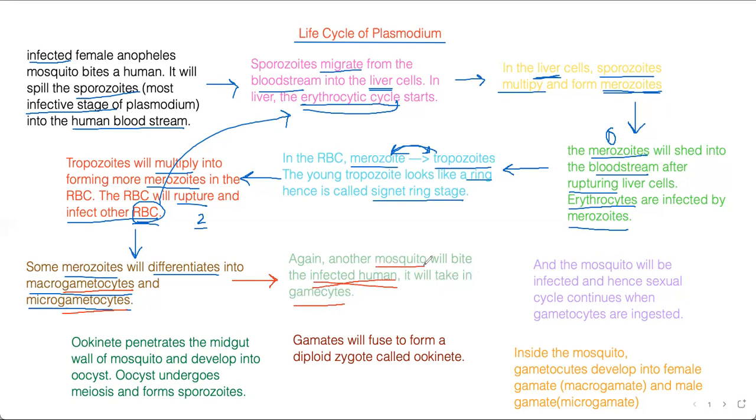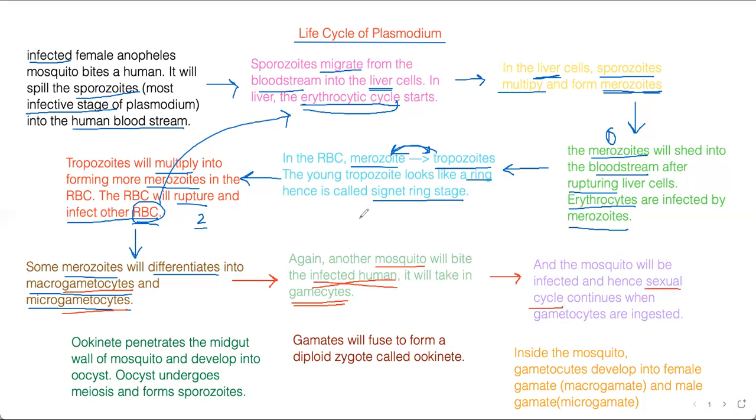The mosquito which was not infected will now become an infected female Anopheles mosquito when it takes in gametocytes by biting the infected human being. After that, the mosquito will be infected, and hence the sexual cycle continues.